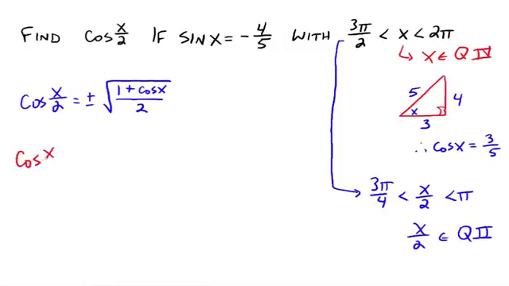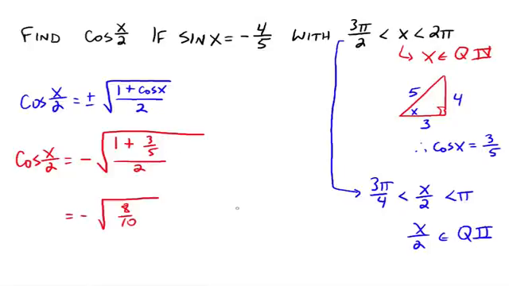So the cosine of x over 2 equals negative the square root of 1 plus cosine of x, which was 3/5, divided by 2, which goes down to the square root of 8/10. So square root of top, square root of bottom, square root of 8 goes to 2 radical 2, and then when you rationalize the denominator, you get negative 2 square root of 5 all over 5 when you rationalize and reduce.